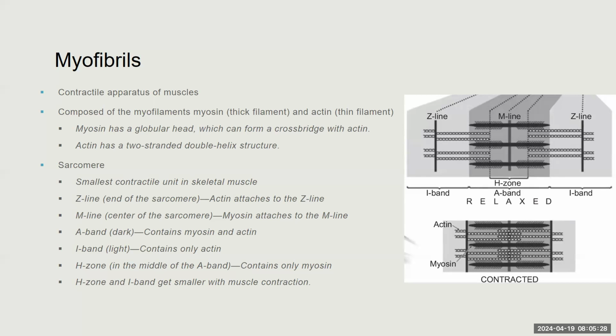Then you have these bands. The A band contains both myosin and actin, and the I band contains only actin. Then you have the H zone, which is in the middle of the A band, and that's the section of the A band that only has myosin. The H zone and I band get smaller, but something they love testing as well is that the A band never changes in size.